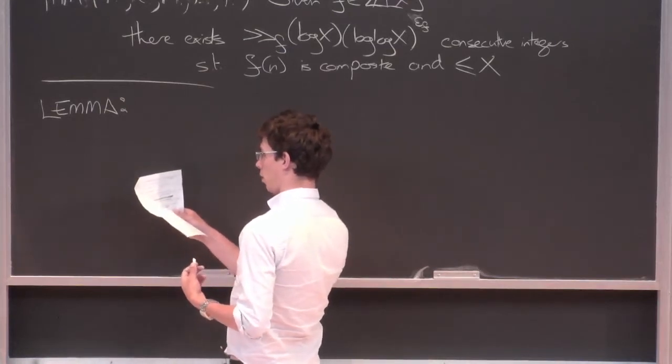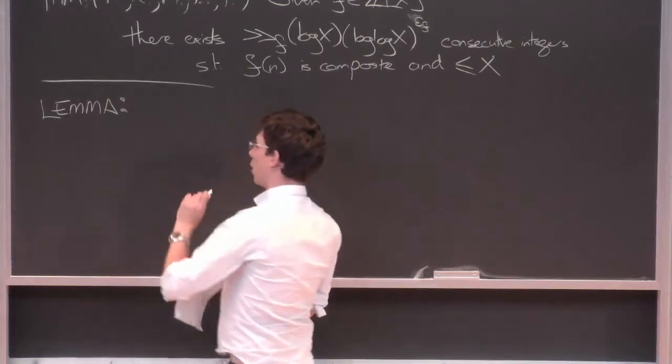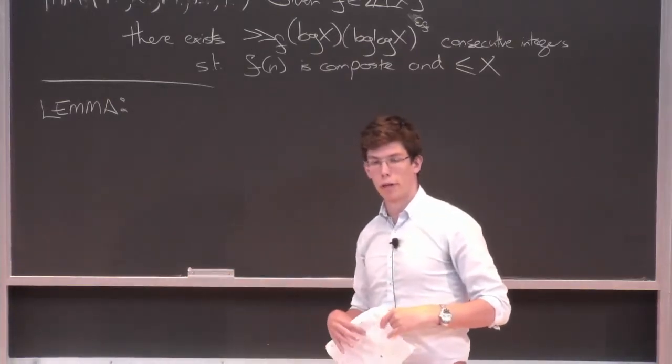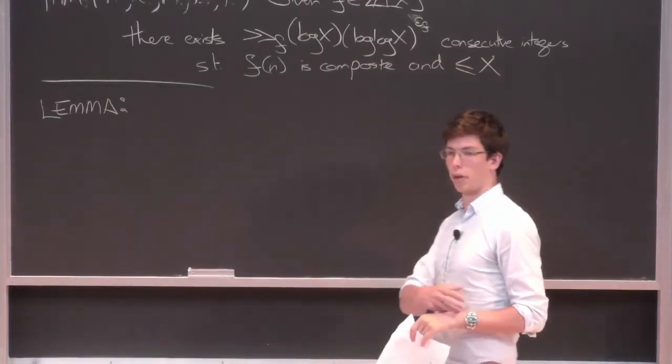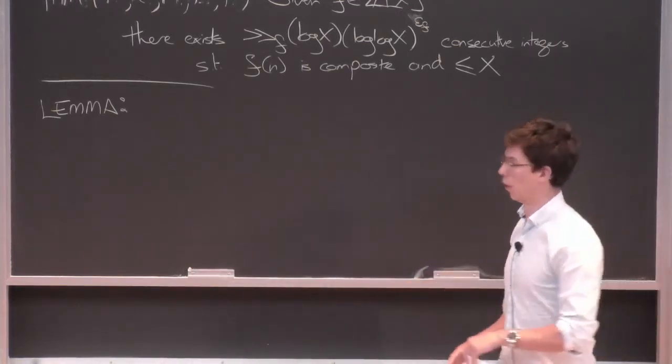So there's a game where you have to try and choose residue classes modulo lots of small primes to efficiently cover some interval 1 up to y.